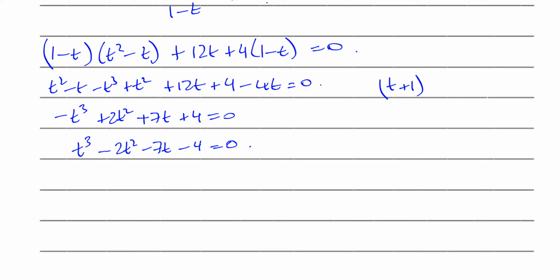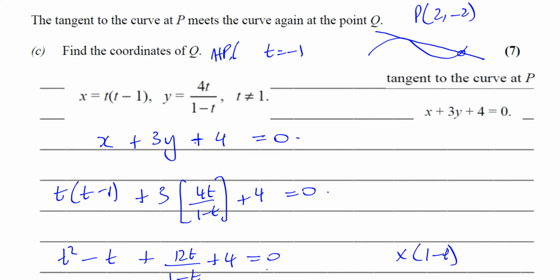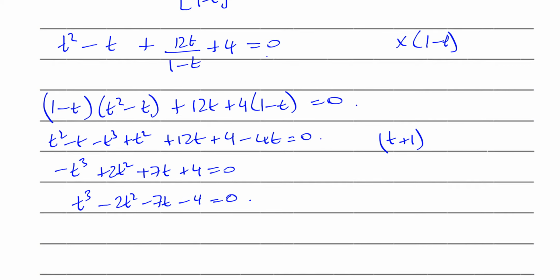In fact, because at P there's a tangent to the curve, I know that there is a repeated root. So t plus 1 squared is in fact a factor of this equation, because when there's a repeated root, there's a tangent. That's where the curve touches the line, doesn't pass through it. So I know that at P, when t equals minus 1, there is a repeated root, because it's a tangent.